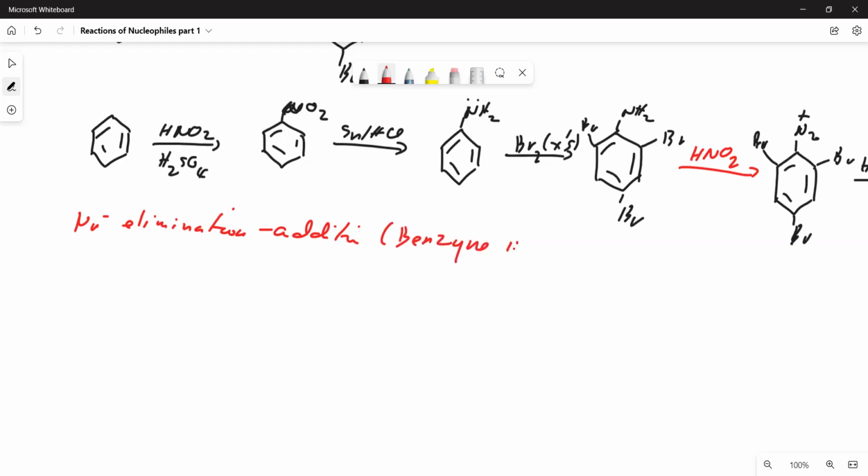You call it the benzyne intermediate. Okay, and this can only happen if you add a very strong base. Like if you have here, okay, you have chlorine, no? And you react this, let us say you have a nitro group here, there, okay?